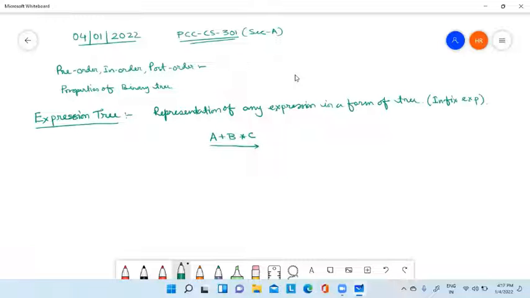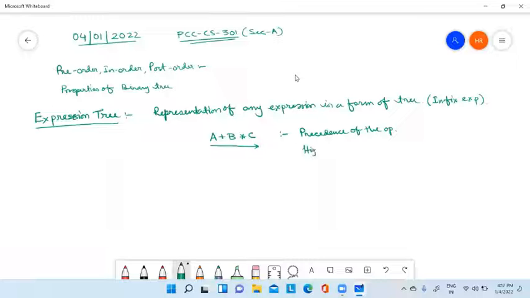Now, when we are drawing an expression tree for a particular infix expression, you have to remember a few things. Thing number one that you have to remember is the precedence of the operator. You have to check the highest precedence operator first, and that will be on the lower side of the tree.